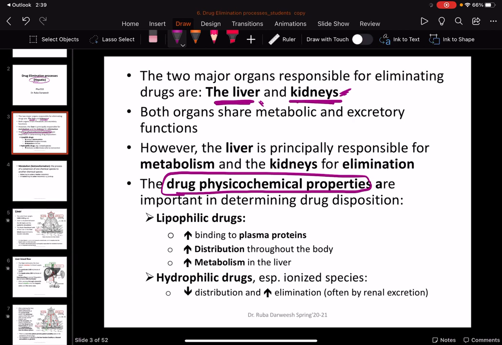For example, we have main lines or guidelines of whatever is happening to the drug depending on its physicochemical properties. For example, a lipophilic drug tends to be more bound to plasma protein, but also gets more distribution through the body because it's lipophilic, and lipophilicity increases the uptake or transport through membranes, and also more metabolism in the liver through the metabolic enzymes.